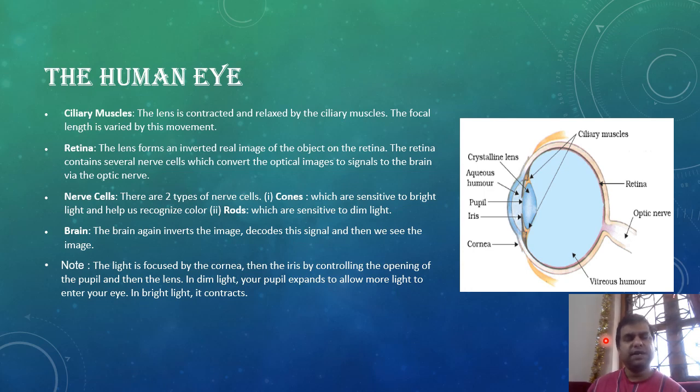So it is important not to look at a solar eclipse with our naked eye, and to make use of certain films like X-ray film or specially designed specs in order to have a look at a solar eclipse.